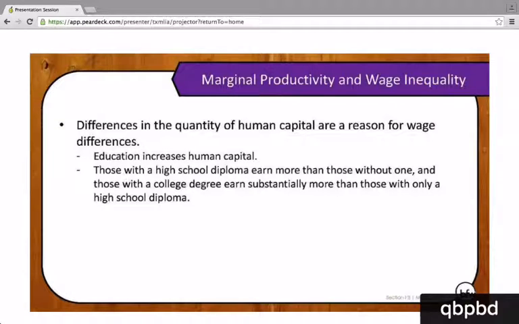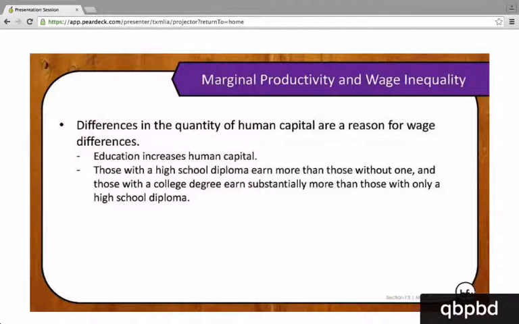So these three explanations, compensating differentials, differences in talent, and differences in human capital, help to partially explain wage inequality and why people are paid different wages for similar work or the same type of work or with similar skills. But they are all consistent with the marginal productivity theory of income distribution.